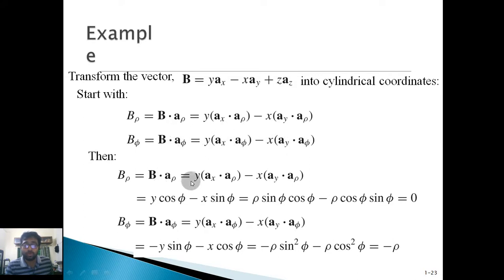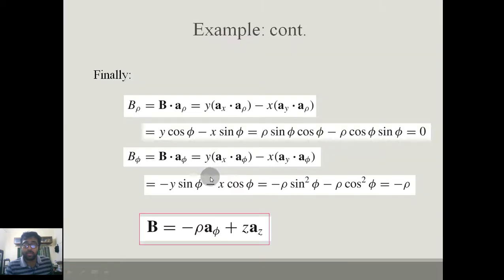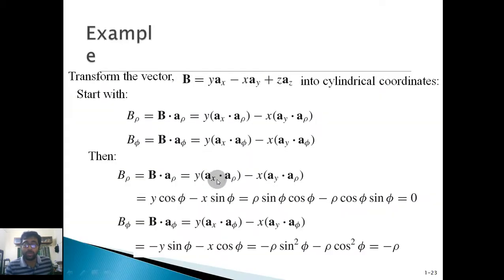Now we will put all those values together: y a_x dot a_rho. This a_x dot a_rho will be cos phi, and as we have already described in the list, a_x dot a_rho is equal to cos phi and a_y dot a_rho is sin phi. Now I put those values here.